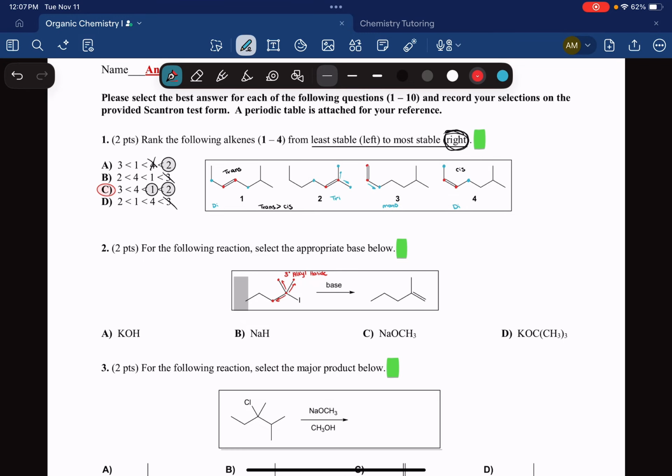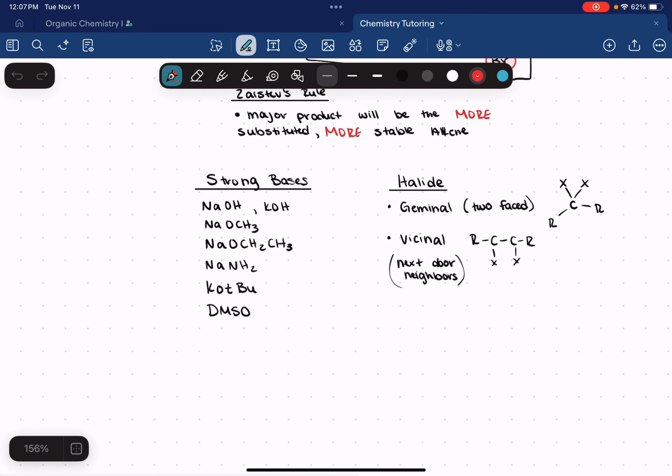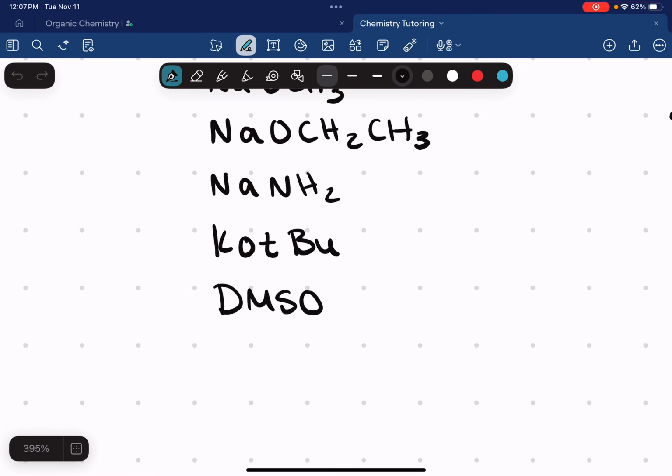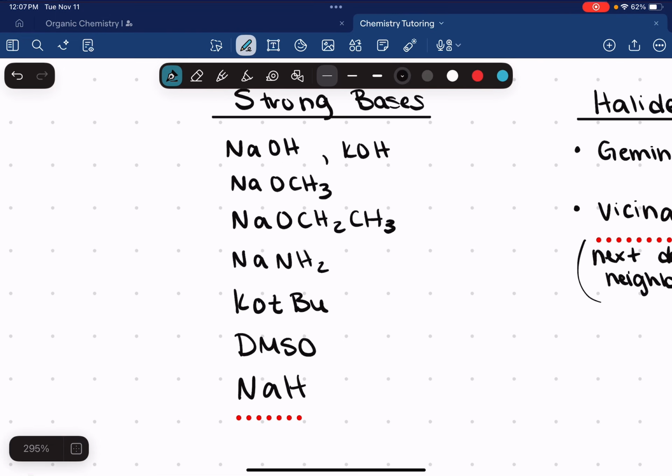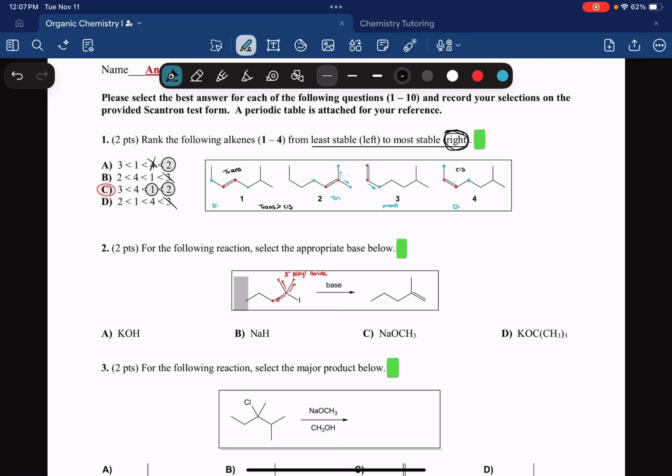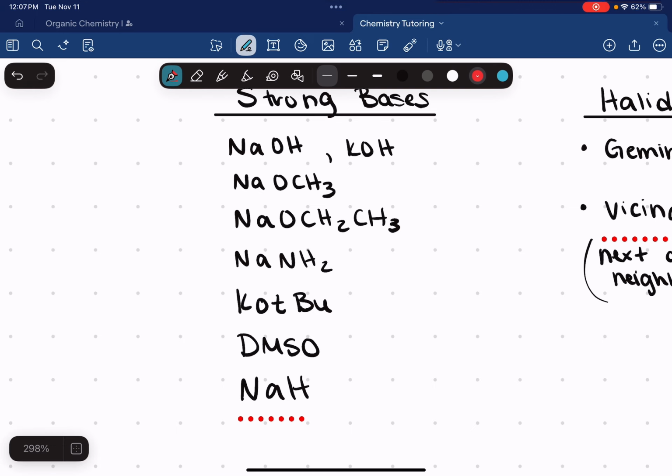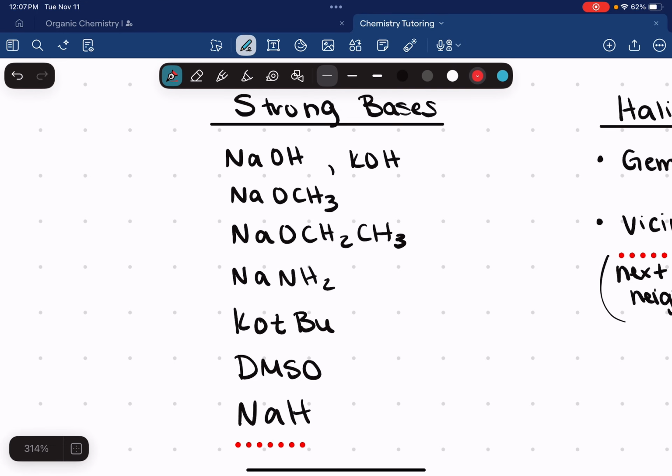So we talked about bases. Everything we're looking at here... totally forgot to include that one. NaH, strong base. Okay, so this is a strong base. Strong, strong, strong, right? They're all on the list of strong bases we did.